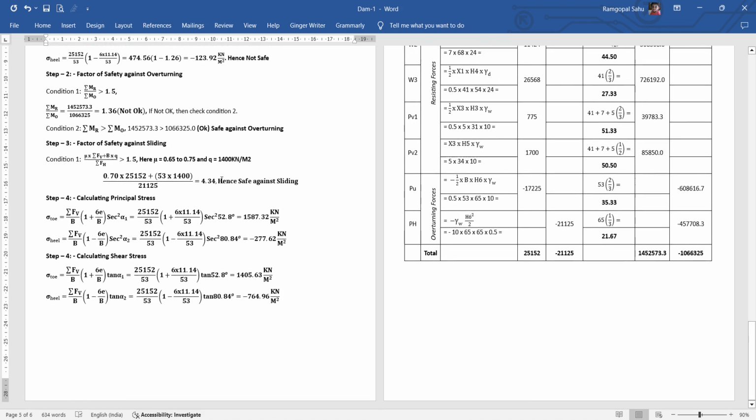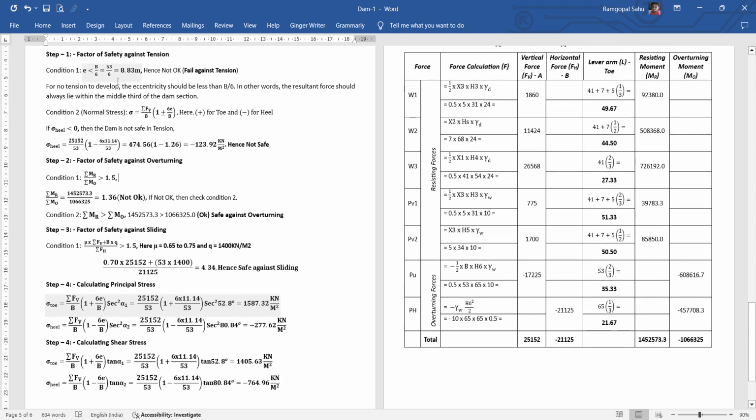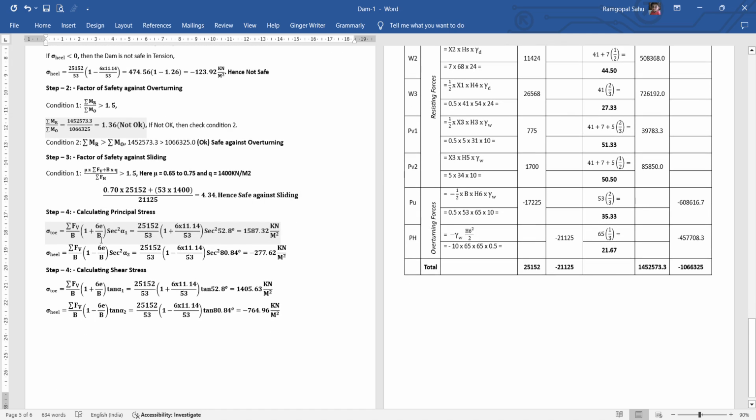Let us also calculate the principal stress and shear stress. We have already calculated the normal stress. For principal stress, it is the product of the normal stress into sec square alpha 1. Here alpha 1 and alpha 2 are the angles subtending at the toe and at the heel section.